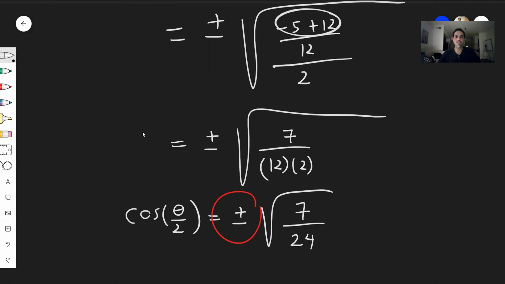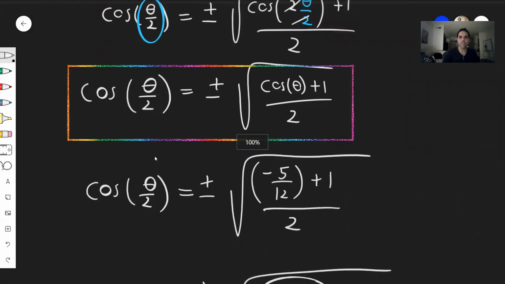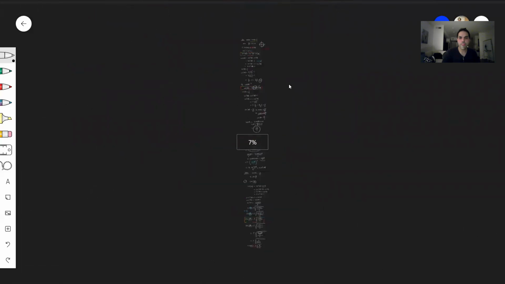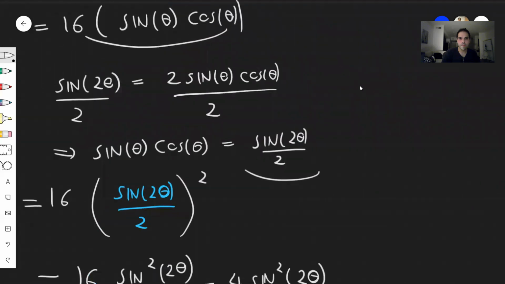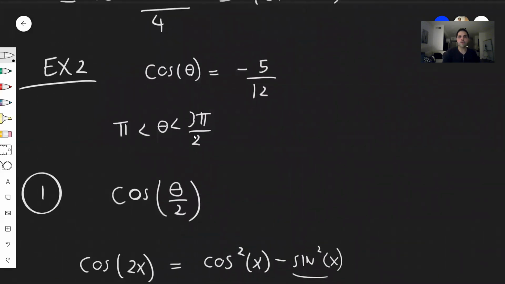Which again raises a question. Is it plus or is it minus? And for this, you have to look again at the quadrant. So where was it? Right, so what do we have? We have that theta is between pi and 3 pi over 2.